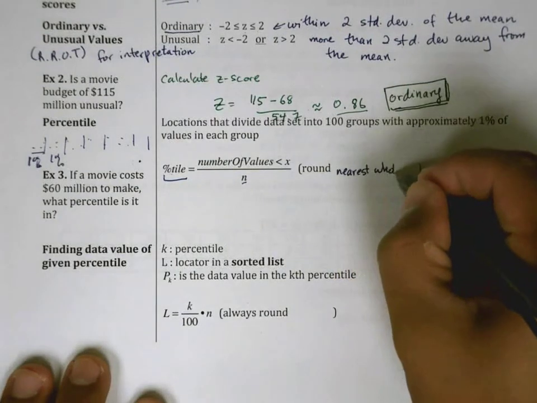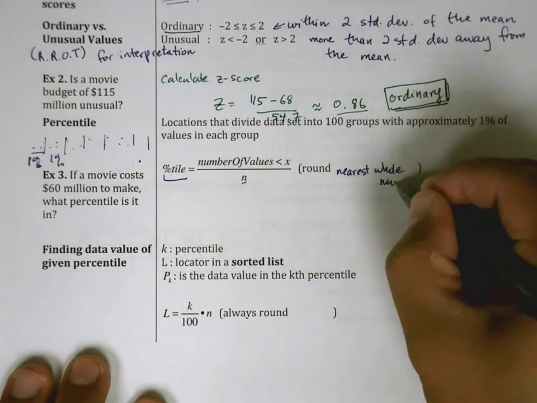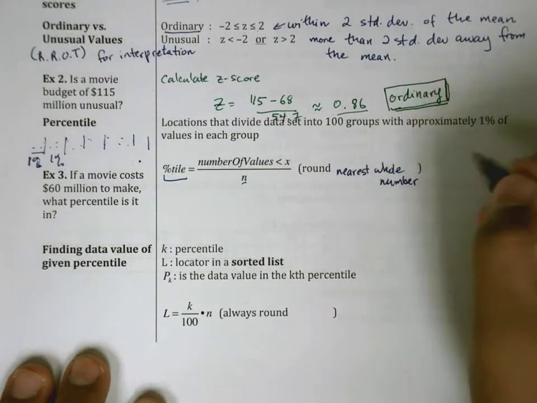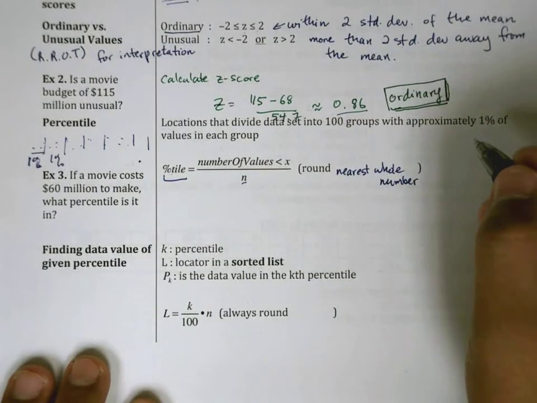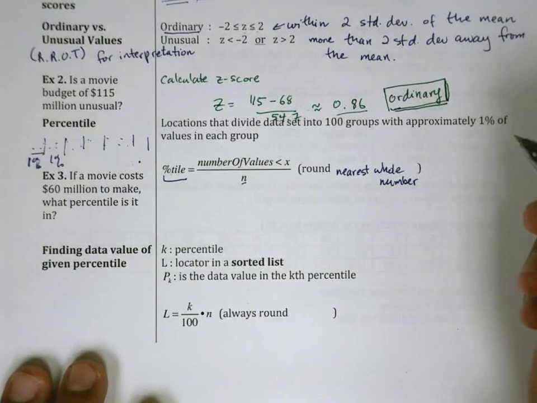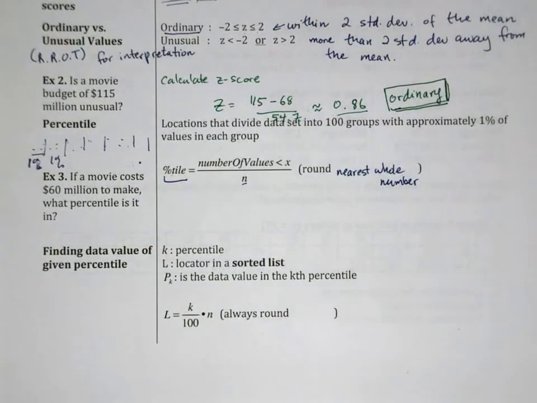As you can already see, in stats there are different rules for rounding. It isn't quite like science with sig figs, and it isn't quite like other branches of math where you're asked for an exact answer or always given an explanation of what to round to for every single problem.